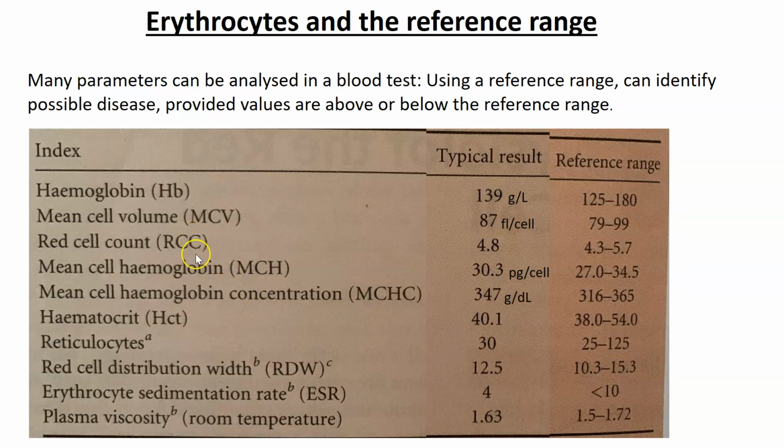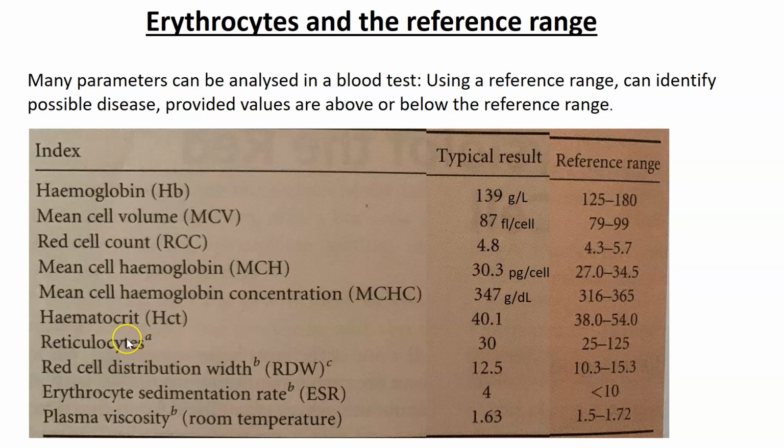Usually if the concentration is low and the red cell count is normal, it means the phenotype of the red blood cells, so their physical appearance, is much smaller, so they tend to be microcytic. Obviously that means there's something wrong.